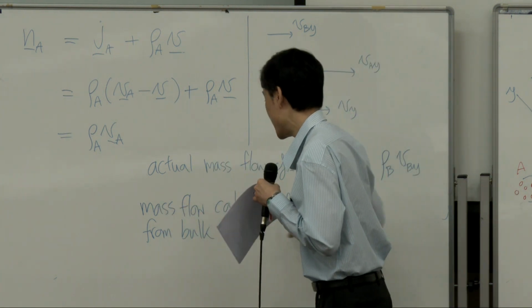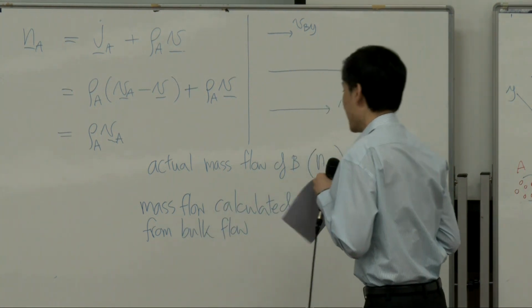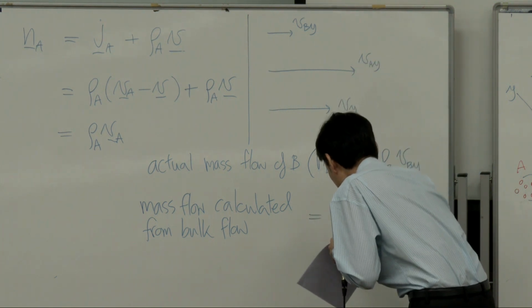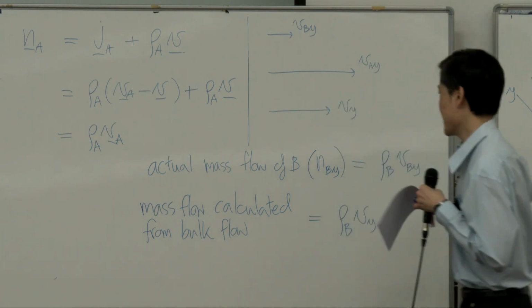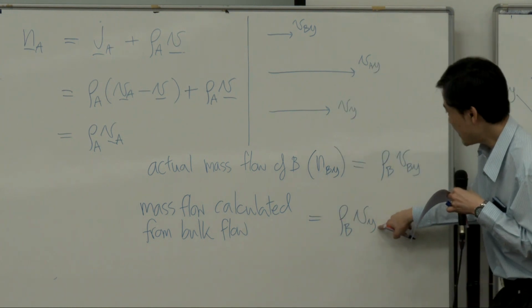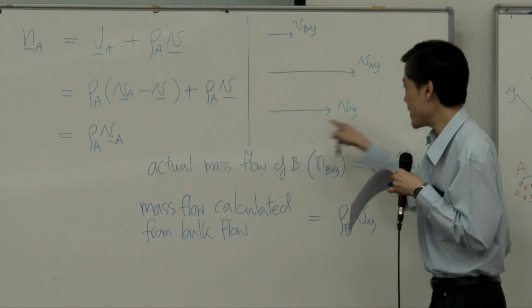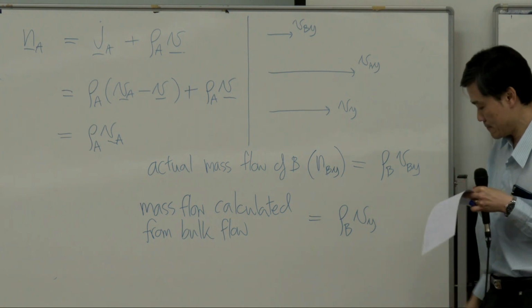B is carried by this flow. Then the flow or the flux would be rho B Vy. This Vy is the mixture velocity. So this is the whole mixture carrying B. All right?